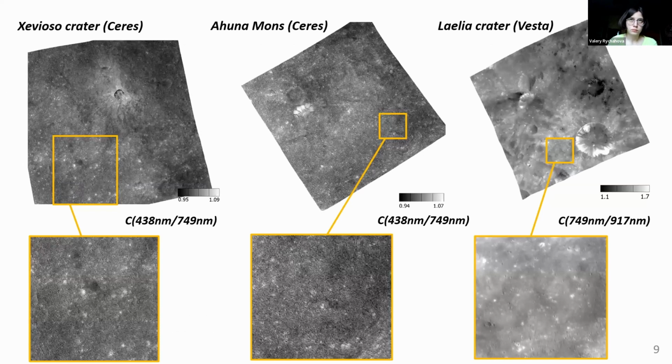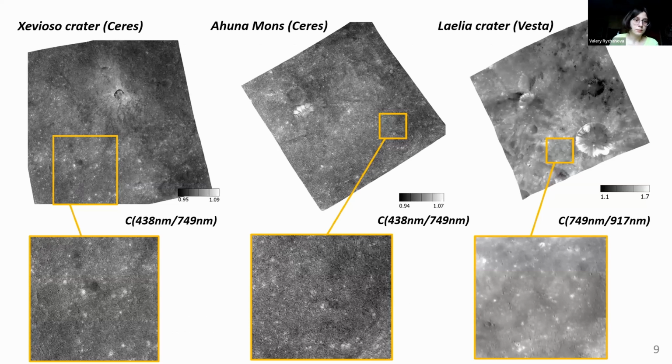One of the interesting results was connected with a huge amount of small craters with ejecta halo that we could see here in different regions. And this result was obtained both on Ceres and Vesta.